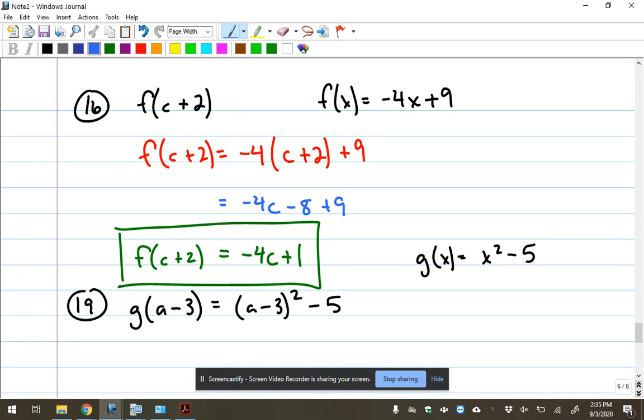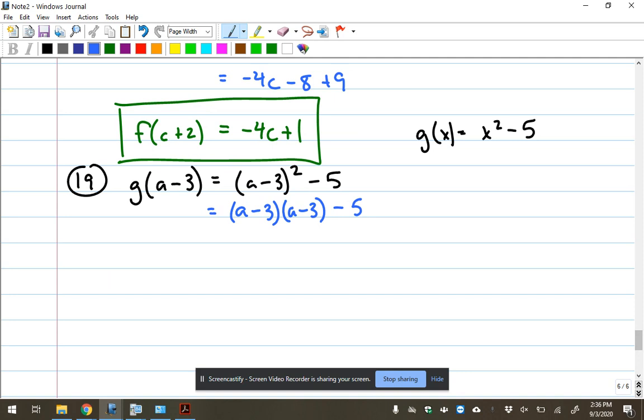We're plugging in a minus 3. What does it mean to square something? Times it by itself. So I'm going to write it out as a minus 3 times a minus 3. Most people that miss this problem don't do that. They try to take a shortcut. There are shortcuts to that, but I don't think they help.